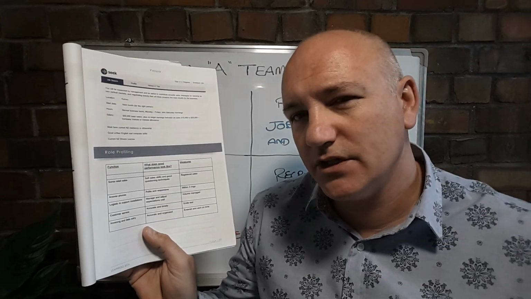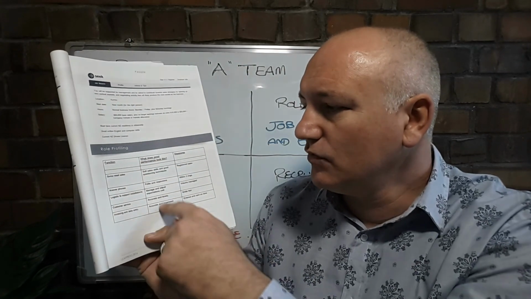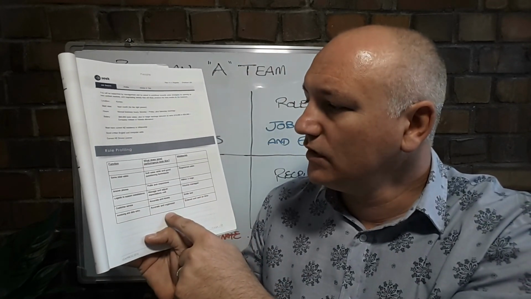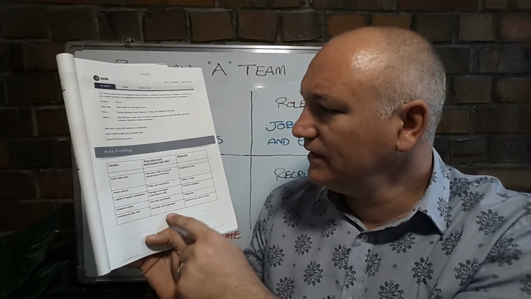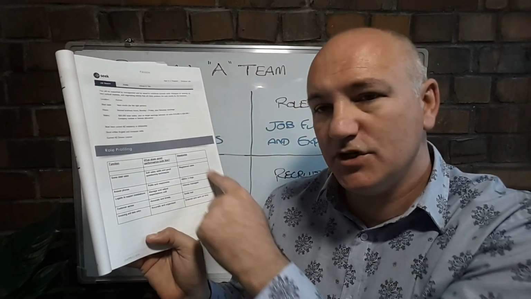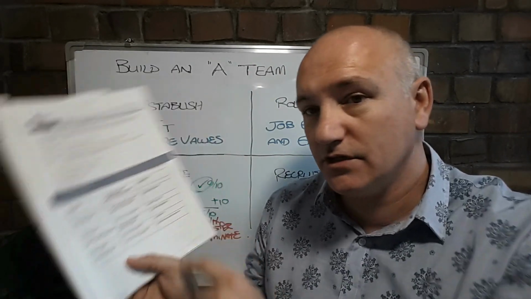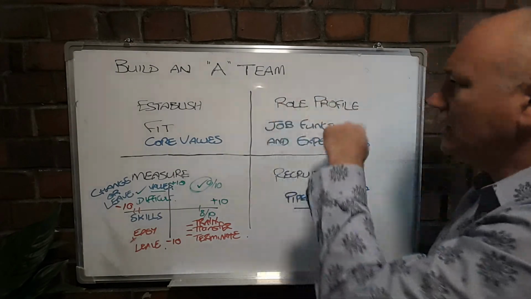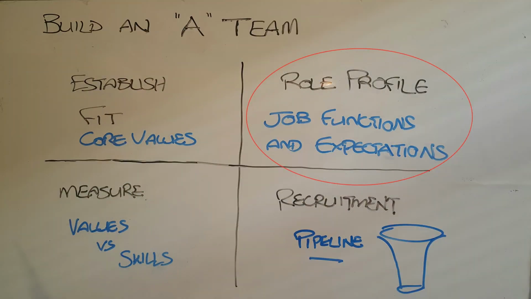What I like to do is take the time to work through the functions and really ask the question around what good performance looks like, and then we can start to get to measurable outcomes and then write a job description. So that's the third quadrant, around matching job functions and expectations to the role. Then we can write a job description and build a recruitment process.